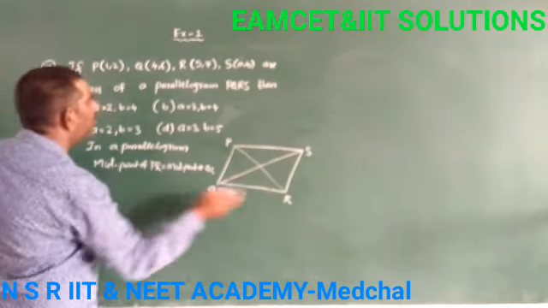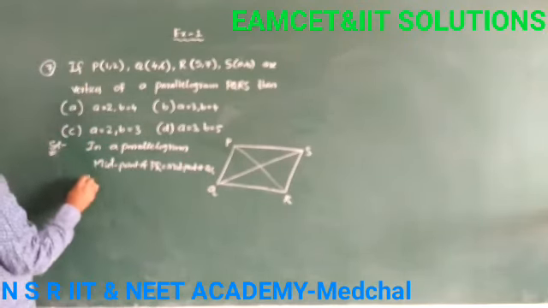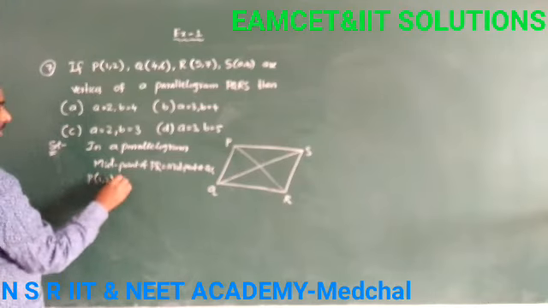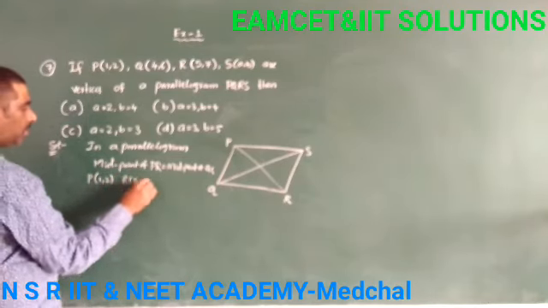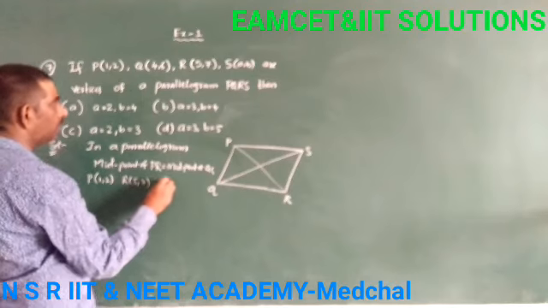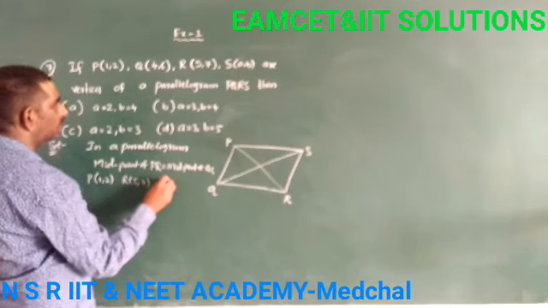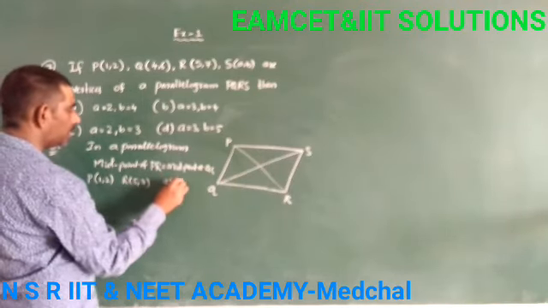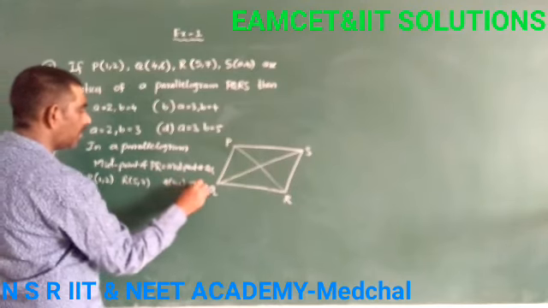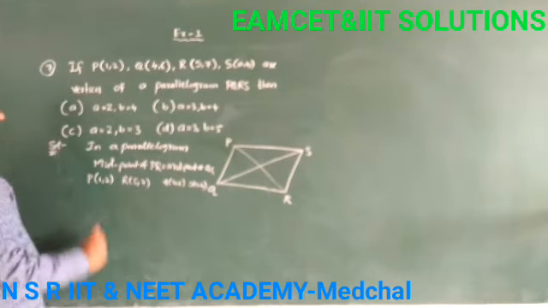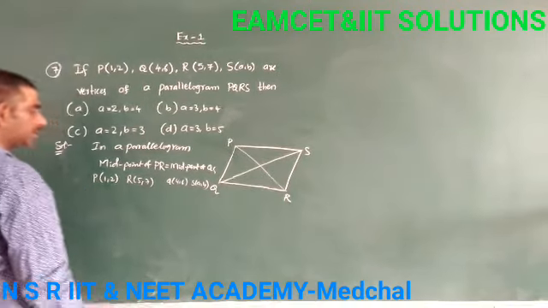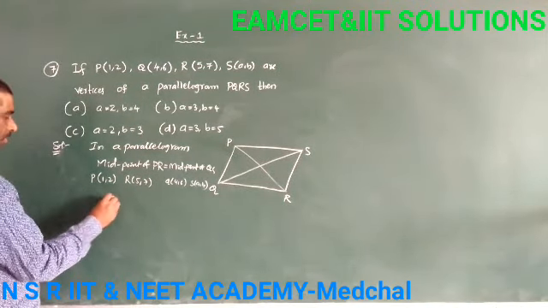So find the midpoint of P and R. P is (1, 2) and R is (5, 7), and this midpoint is equal to that of QS, where Q is (4, 6) and S is (A, B). We already know the midpoint formula: (x1 plus x2) by 2 comma (y1 plus y2) by 2.